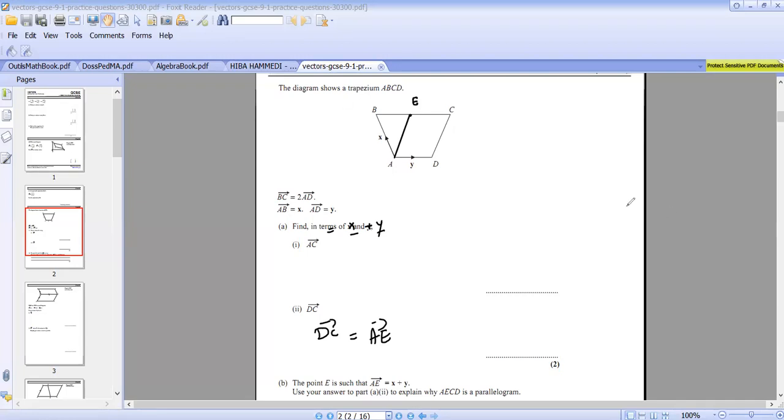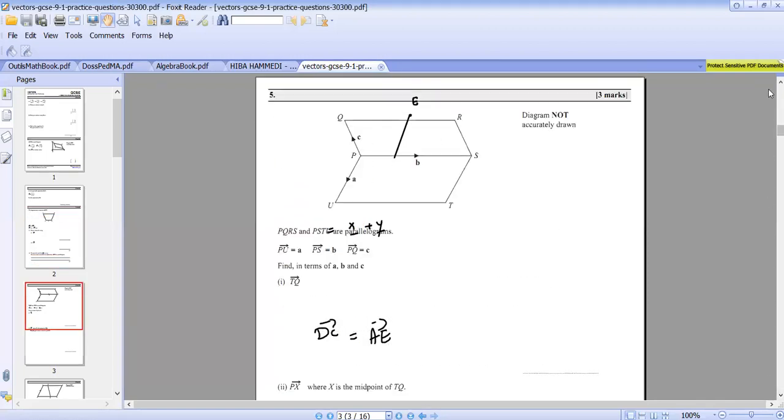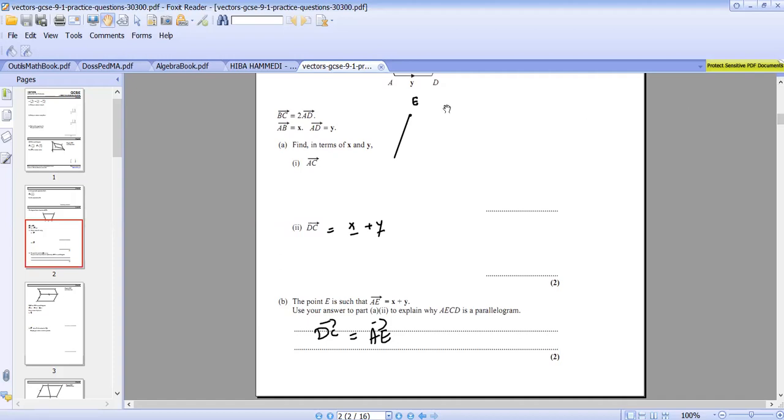Now, whenever you have two vectors that are equal, it means that they have the same magnitude and they are parallel, right? So here I can say that DC is parallel to AE, and I have DC is equal to AE.